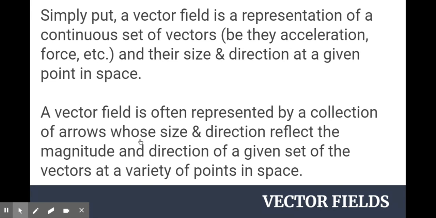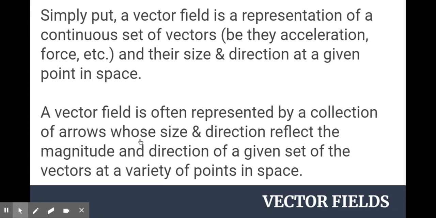So when we talk about a vector field, we're talking about a continuous set of vectors. Whether it's acceleration or force, a vector field is a continuous set of vectors and their size and direction at a given point in space.